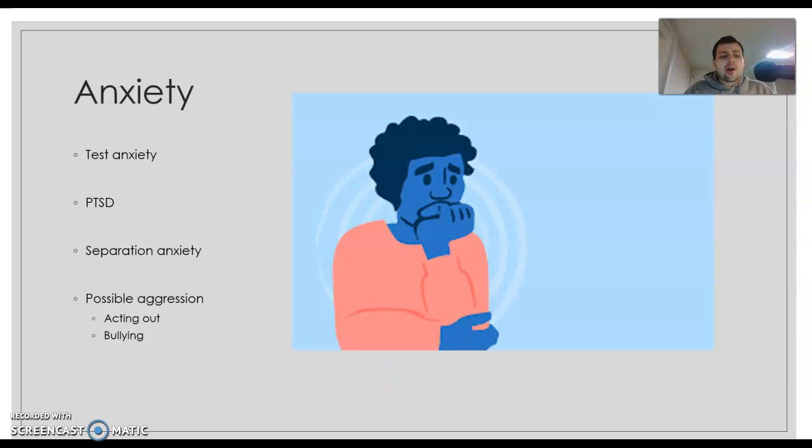Another learning barrier I want to talk about, anxiety. Some students may have test anxiety. They may have PTSD. They might have separation anxiety. I can see that being impactful maybe at the elementary level more. Students are coming to school and they're away from their parents, and that's all they're thinking about. And maybe they're falling behind in their academics because of that.